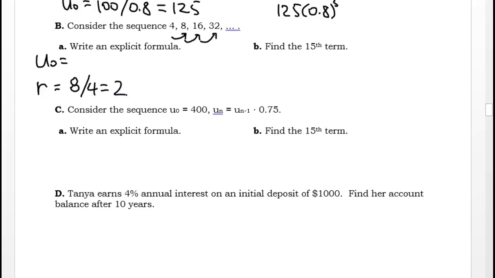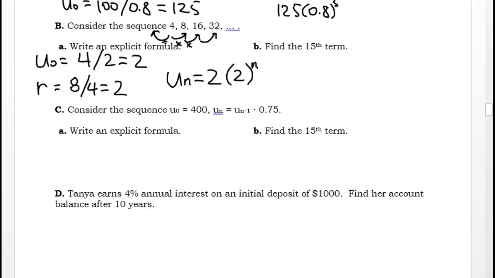So if I want to get the 0 number, I need to go backwards. Since going forwards I multiply, to go backwards to the 0 number, I need to divide. So if I take my first number and divide by my ratio, I get that my 0 number is also 2. So my explicit formula would be 0 number times the ratio to the power of n.